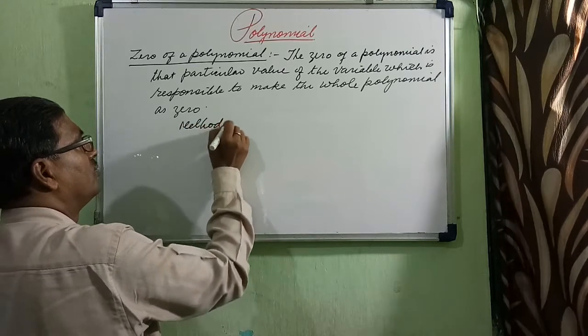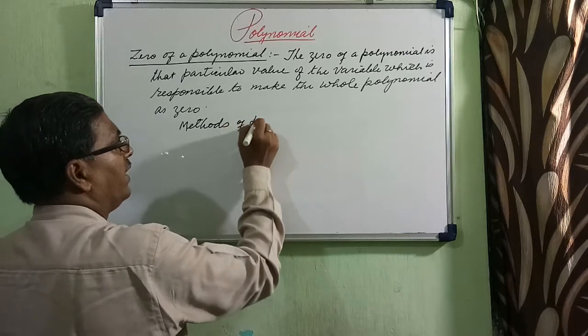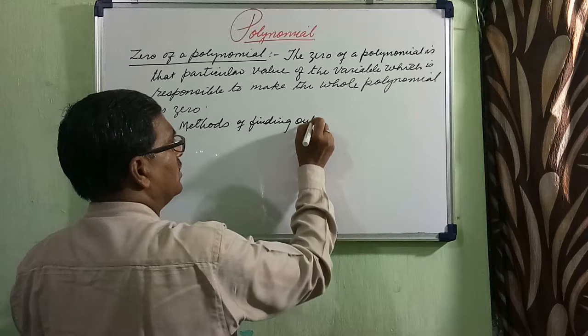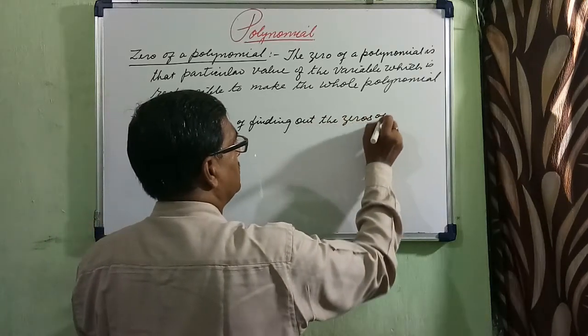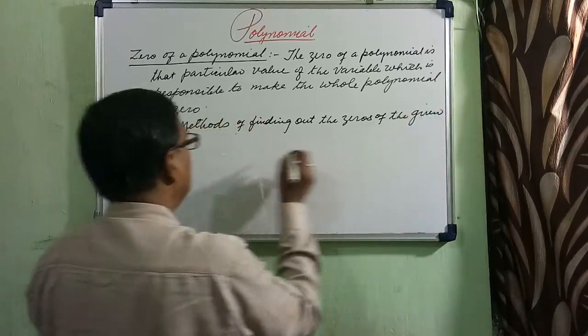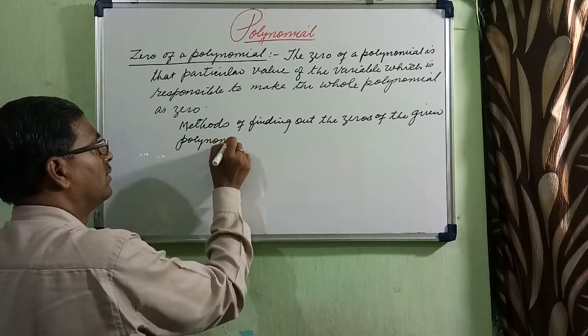Methods of finding out the zeros of the given polynomial.